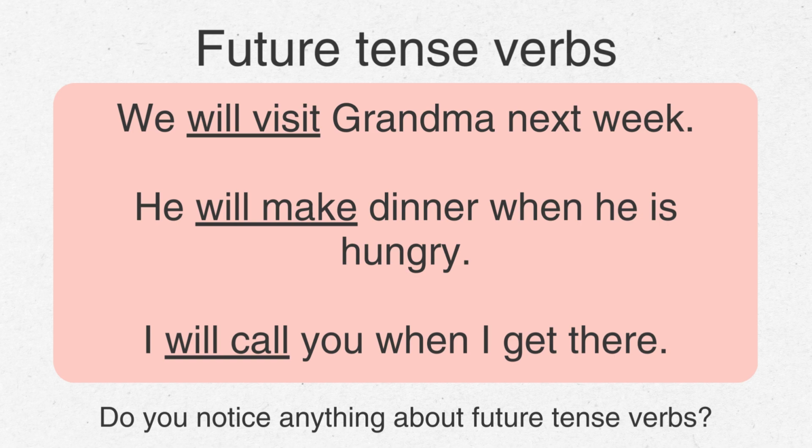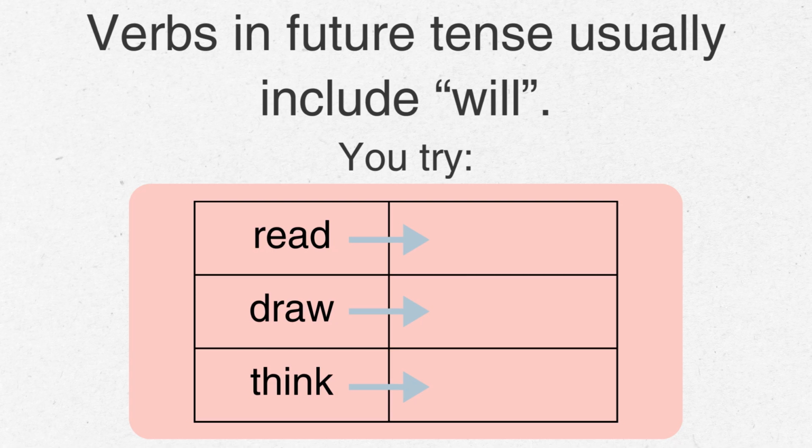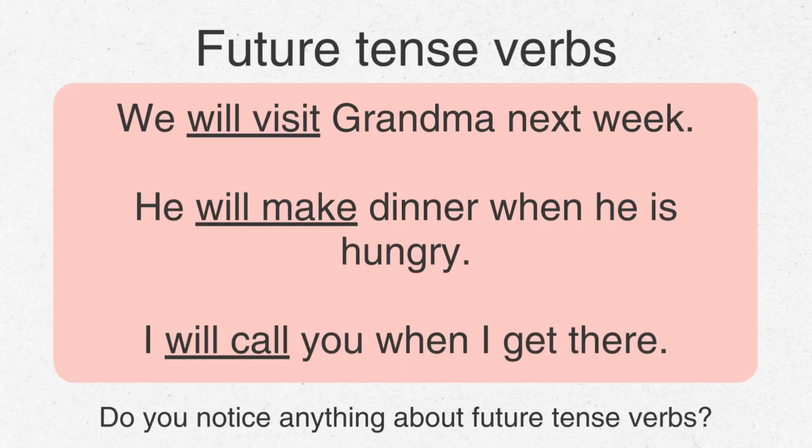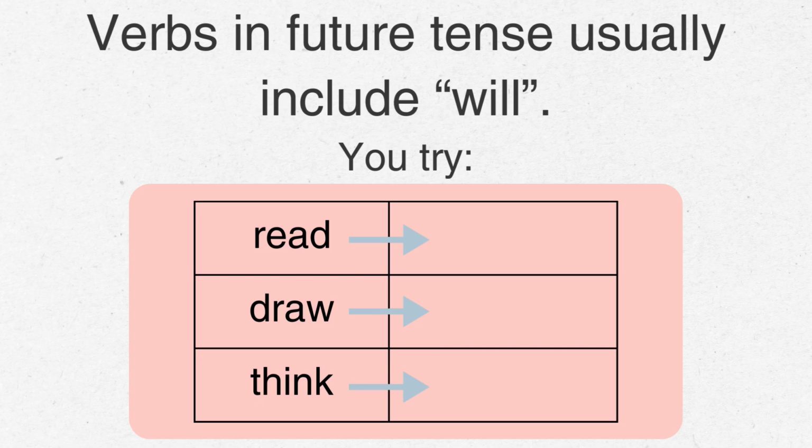Do you notice anything about future tense verbs? Pause the video and think about it. Verbs in the future tense usually include will. So if we go back to our examples, will visit, will make, will call. So let's look at the examples below.